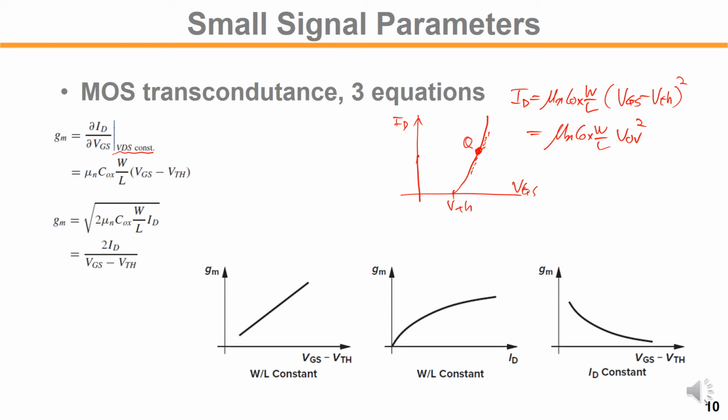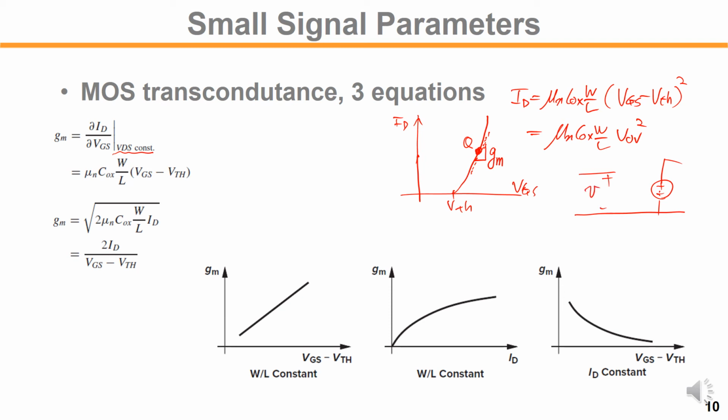Although this is the square law model, at this slope we define the slope as GM, transconductance. So in the small signal model we can model it like this.